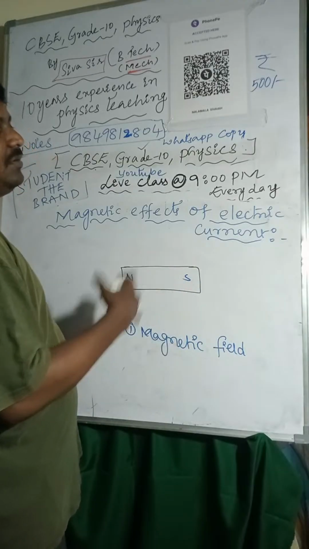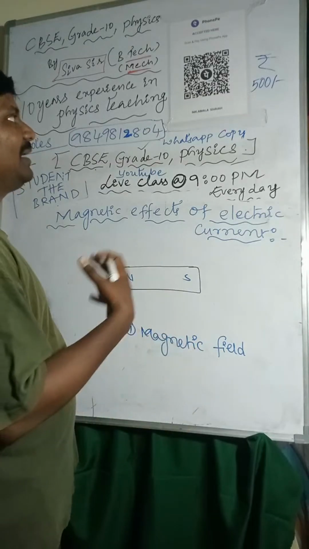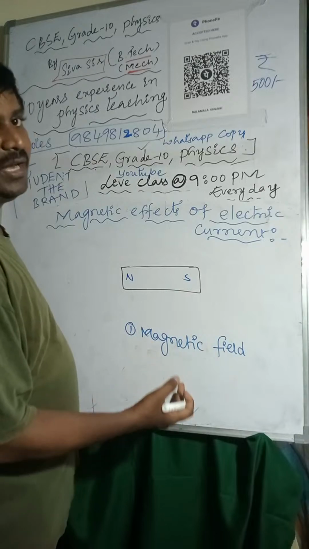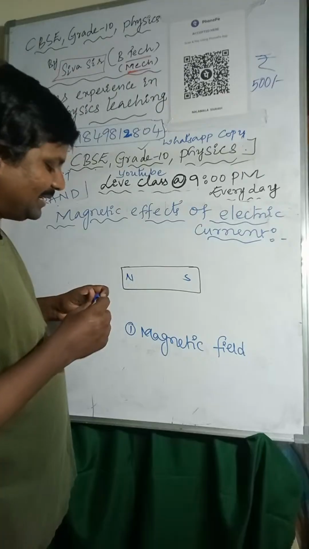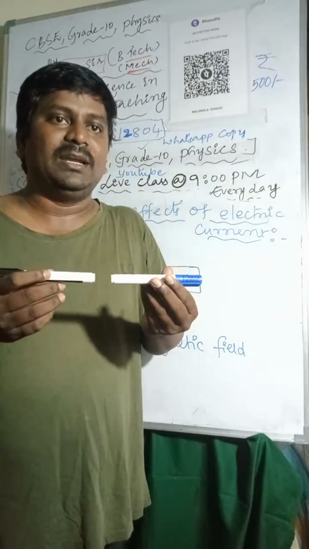That is called the magnetic field. Only up to a certain distance can the magnet attract.